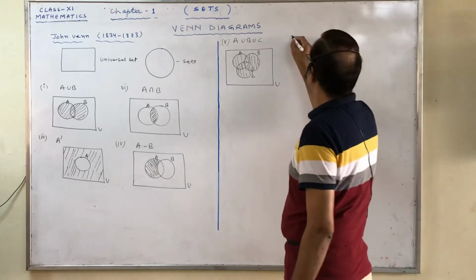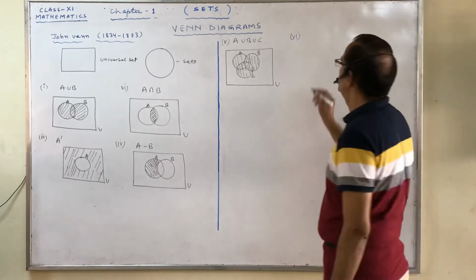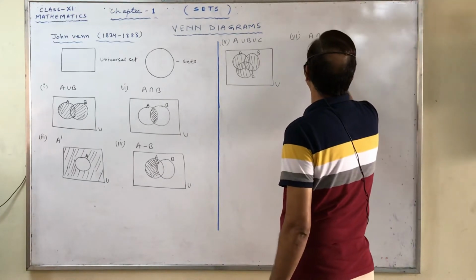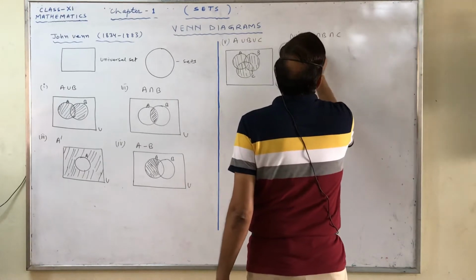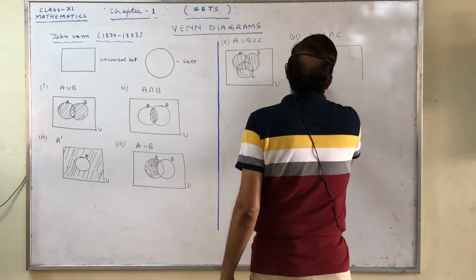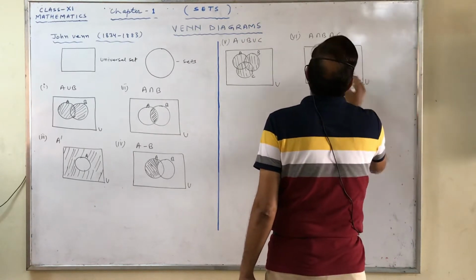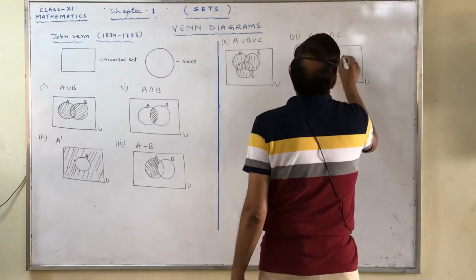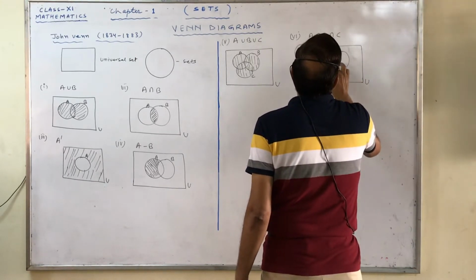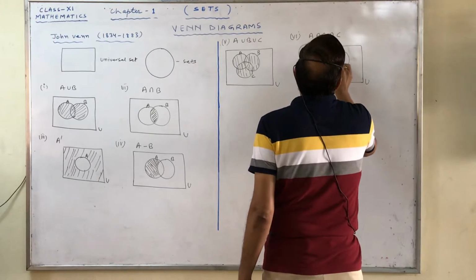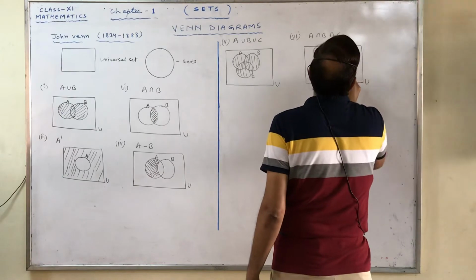Next is A intersection B intersection C. For this, again, three subsets of universal set are required: A, B and C. These are three subsets of universal set.